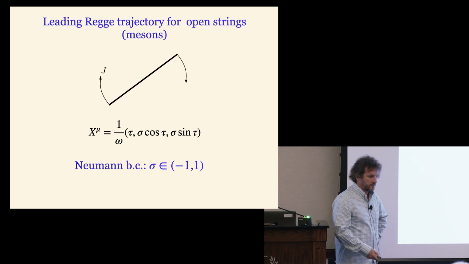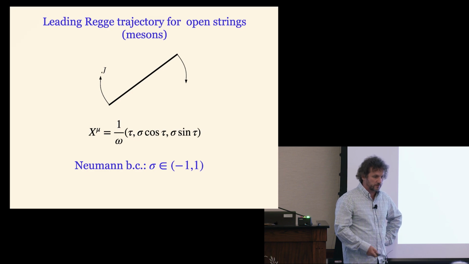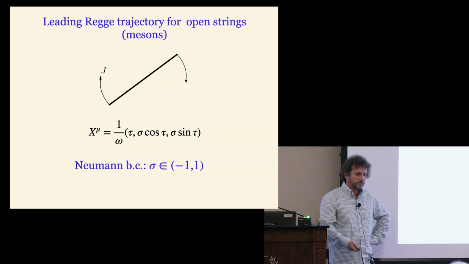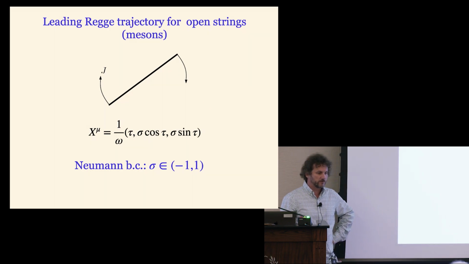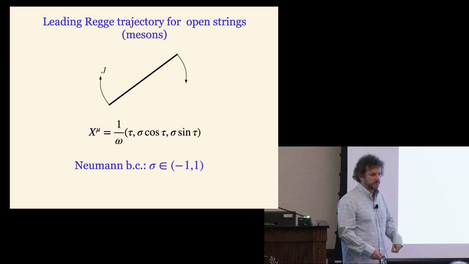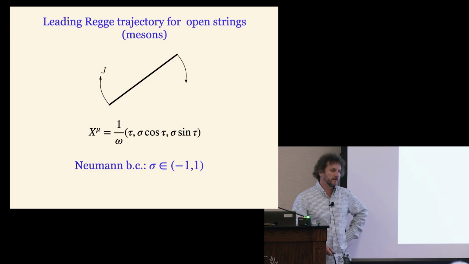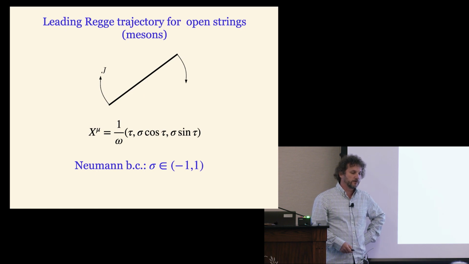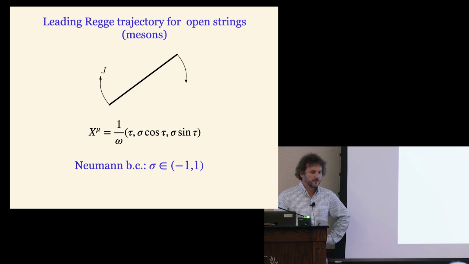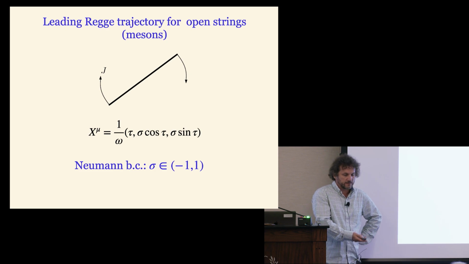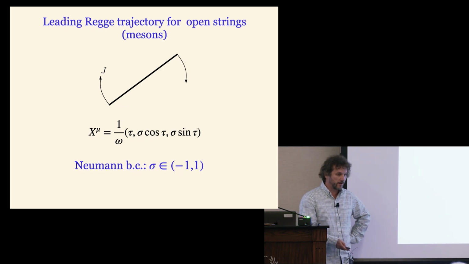So for instance, these were glueballs, so they were closed strings. But if instead one is thinking about a theory with fundamental quarks and light quark mesons, then the leading Regge trajectory would be described by this rotating rod solution. That's a classical solution of just the Nambu-Goto action.